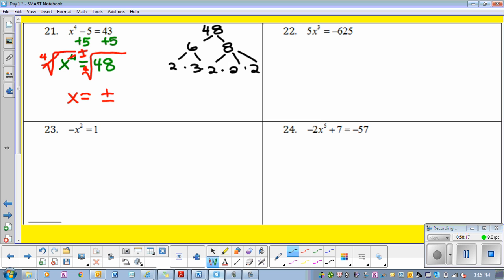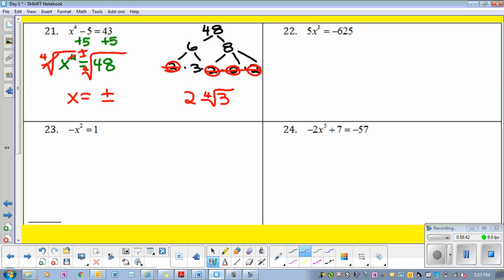We know 2 cubed is 8. So there are 4 twos. We need a group of 4. 1, 2, 3, 4. We can pull that out. So then the 2 can come out. What happens to this 3? It stays inside.